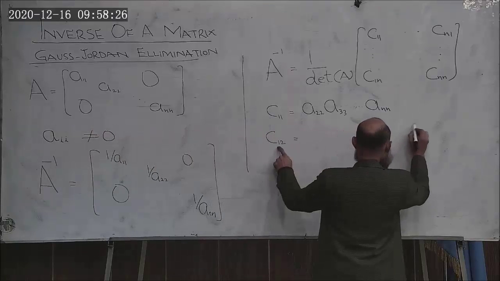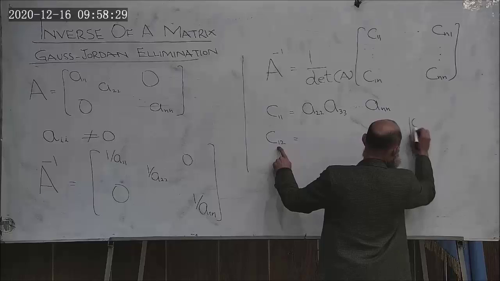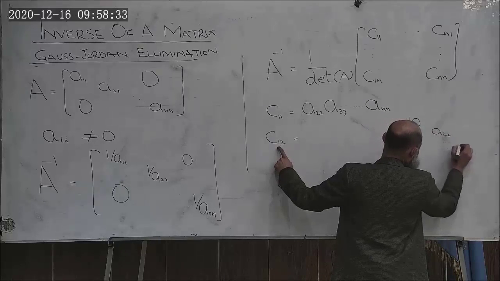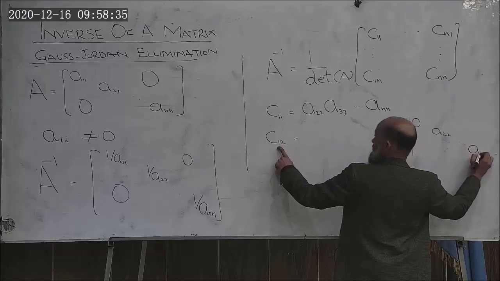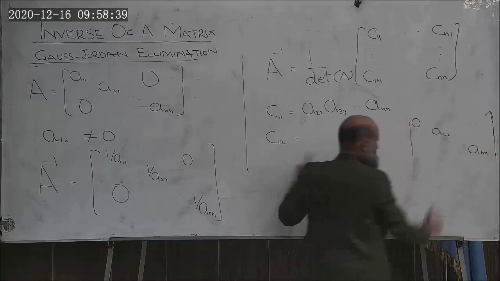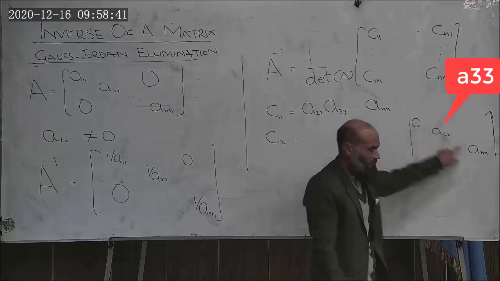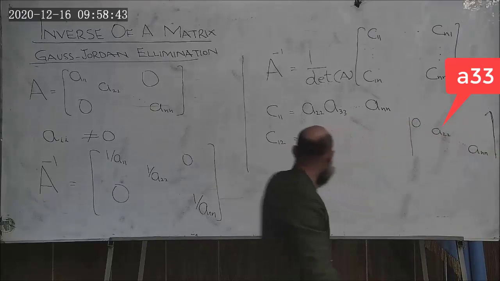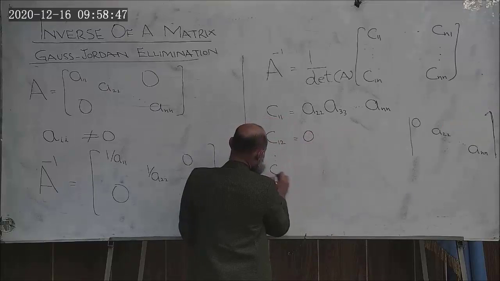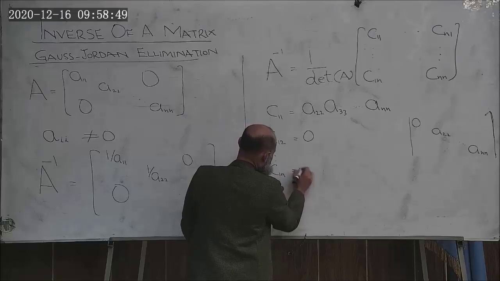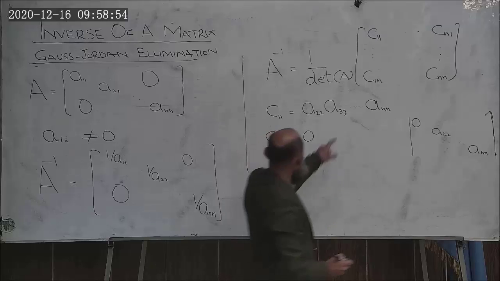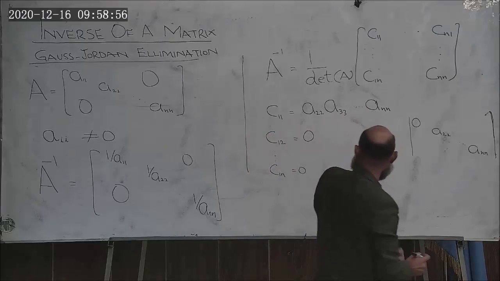This C12 will be determinant of this thing, 0, and A22 over here and ANN over here. So all other entries 0. So 0 multiplied by something is equal to 0. C12 is equal to 0. Similarly, C1n, this is also equal to 0. You can compute the rest as well in a similar way.